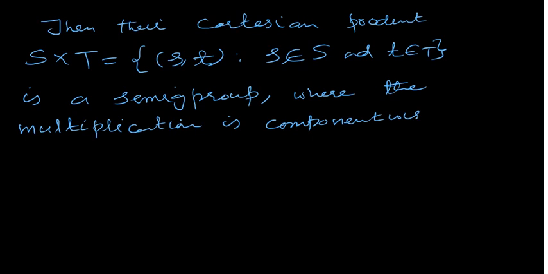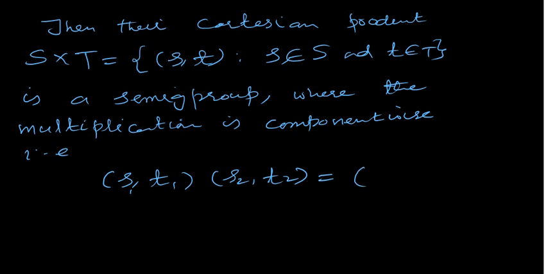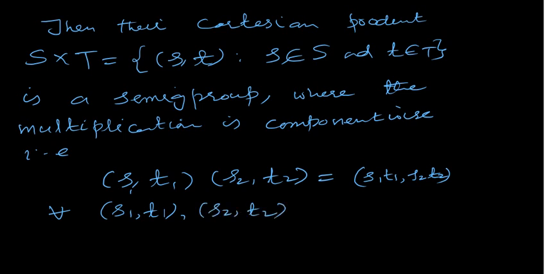Component wise, that is (s1, t1) and (s2, t2), it's equal to the ordered pair (s1 s2, t1 t2) for all (s1, t1), (s2, t2) belongs to S cross T.